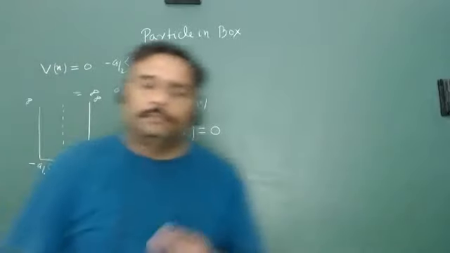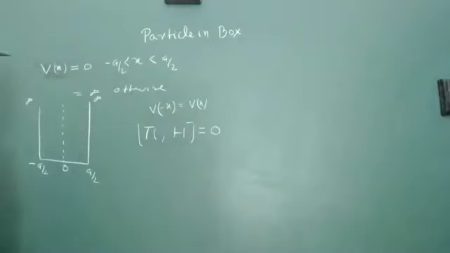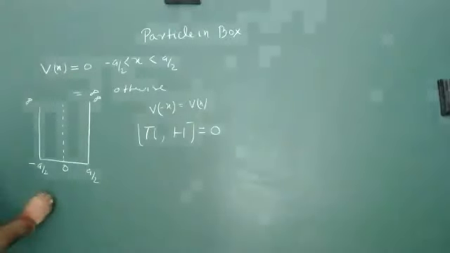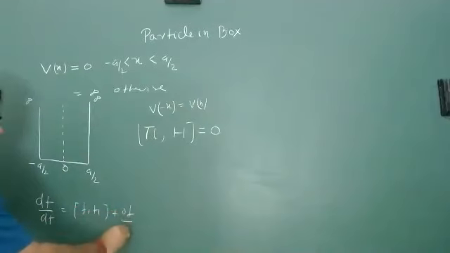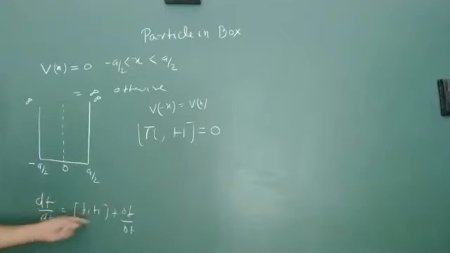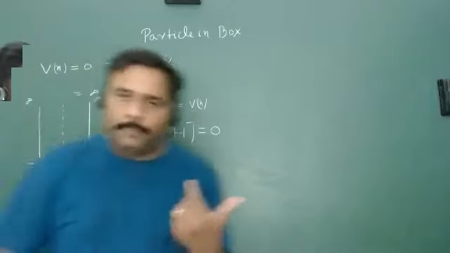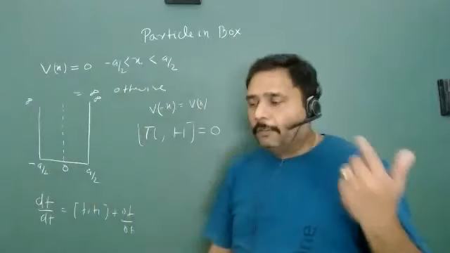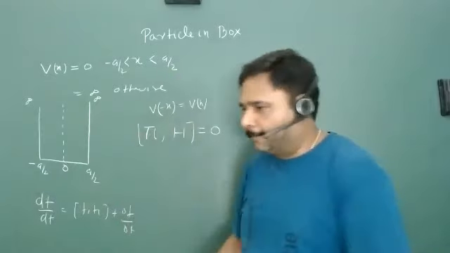You remember from what we discussed in classical mechanics that df by dt is equal to the bracket of f with h, plus del f by del t. Suppose del f by del t is 0, then df by dt is 0 if the bracket vanishes, that is, if they commute. The same thing holds here. I told you about this commutation; it is the same thing we discussed in the Poisson bracket.